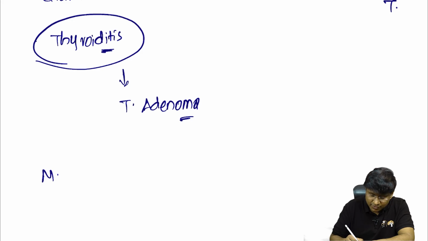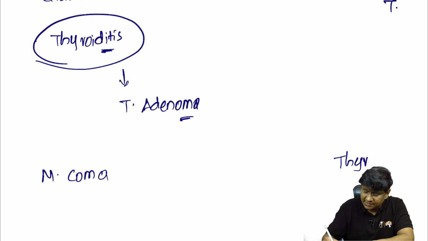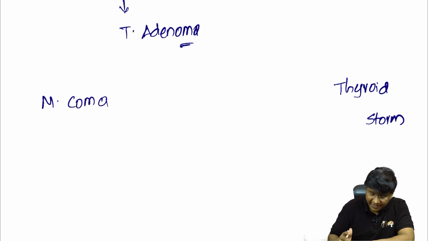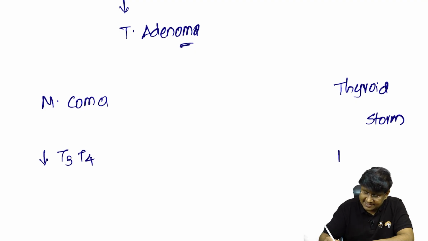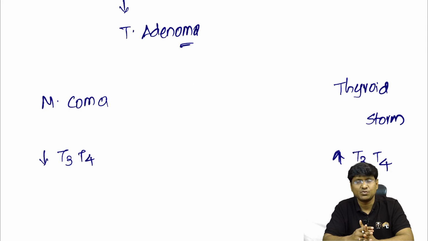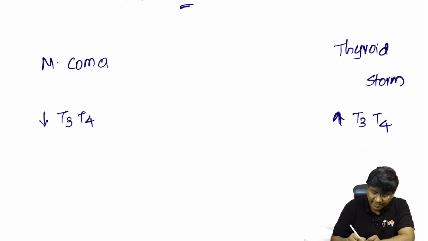The two extreme forms of thyroid disease are myxedema coma, and the next important one is the thyroid storm. So myxedema coma is where there is abrupt and severe decrease in T3, T4, whereas thyroid storm is where there is abrupt and severe increase in T3 as well as T4. That is what your thyroid storm is. So in case of myxedema coma, what is the drug of choice?